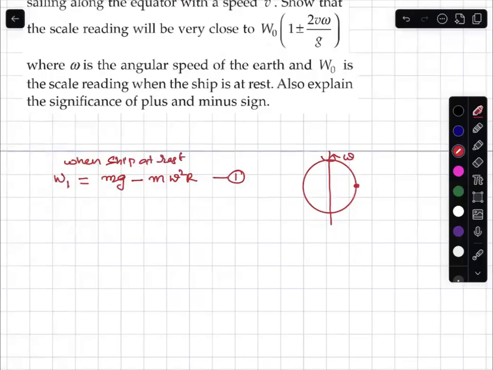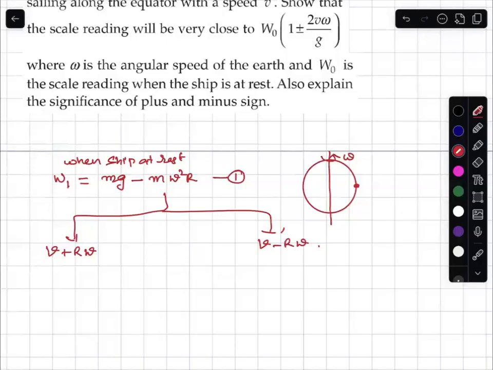If the ship is sailing, two possibilities are there. One possibility, V plus R omega. The other possibility, V minus R omega. Depends on the sense: suppose it is moving from west to east, you will write V plus R omega. Suppose it is in the other case, you will write V minus R omega.